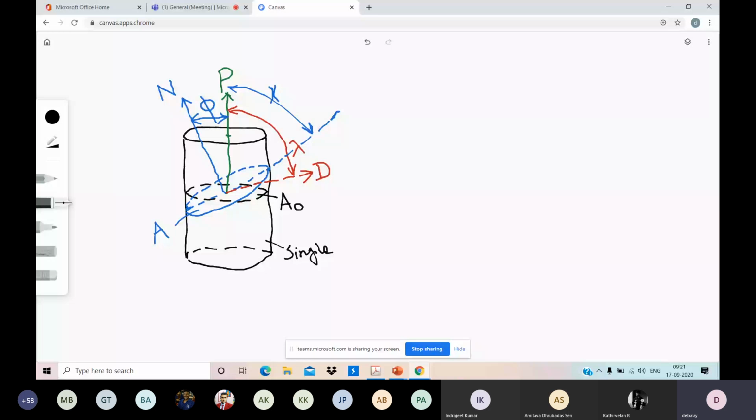But the concept is applicable to single crystals, predominantly those where there is one dominant slip system. Sometimes we find systems like BCC where multiple slip systems are there. But here we are considering one slip plane and one slip direction. So it's predominantly for, let us consider, an FCC single crystal.